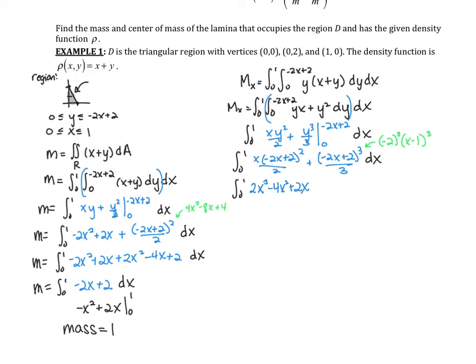The reason I'm going to do it that way is I think it's going to make it a little bit easier. This makes this negative 8 over 3 multiplied by x minus 1 to the third. And the reason this is simpler is because now I can take the antiderivative much simpler than I could have before. I wouldn't have to deal with that chain rule or using a u substitution or anything. So remember, this is the moment with respect to the x-axis.